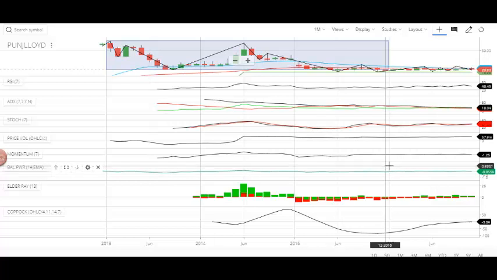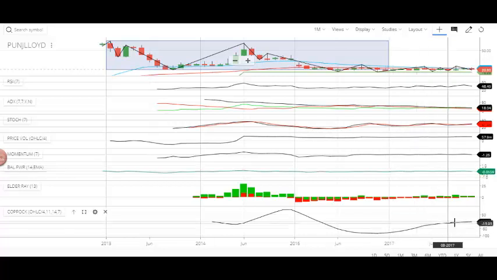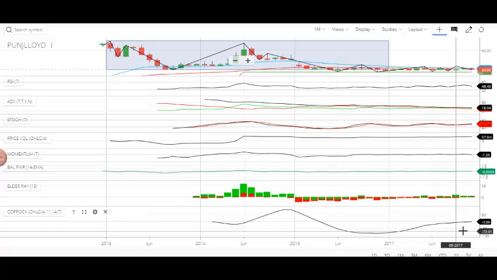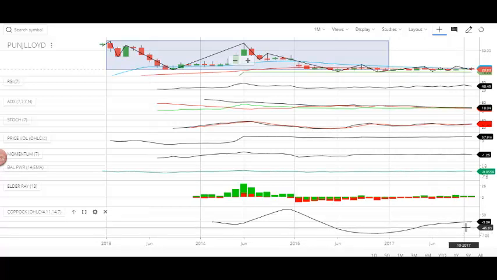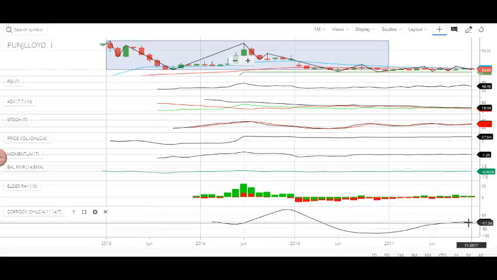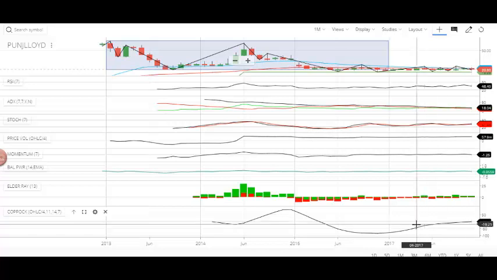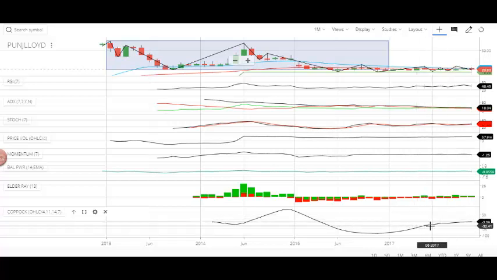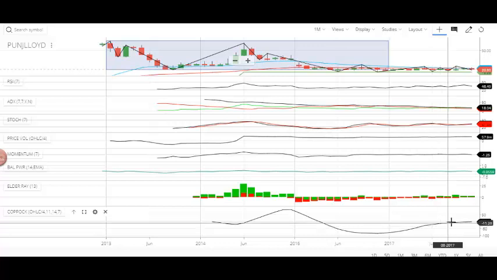And the Kovac curve is showing that the stock is playing in the negative zone. That means this is the time to sell. But if you see this curve, it is about to cut through the zero line and come up, but it is not yet. If you draw a dotted trend line here, the trend seems to be that the Kovac curve is going to cut through the zero line and enter into the positive phase.